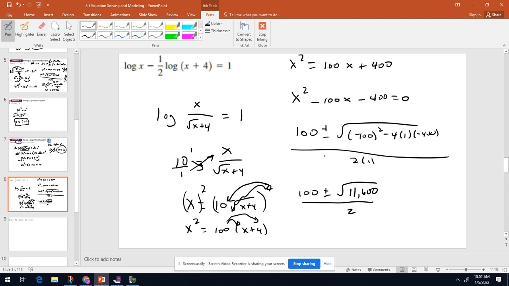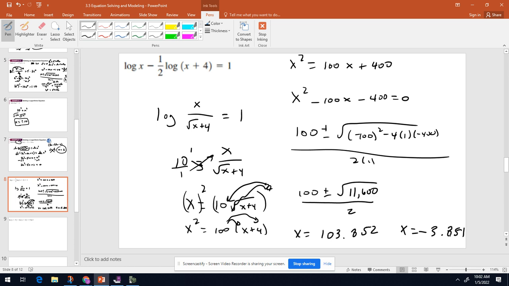I'm going to actually type in 100 plus the square root of 11,600 and then divide that by 2, and that gives me x is equal to 103.852. And then I'm also going to do the minus just to show you: 100 minus the square root of 11,600 divided by 2, and that equals a negative 3.851.